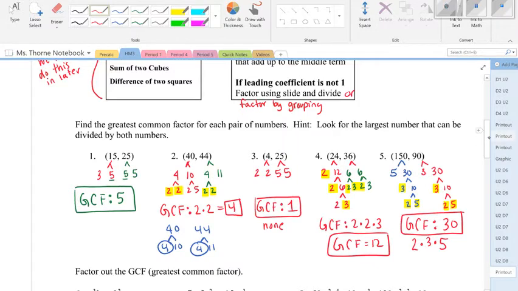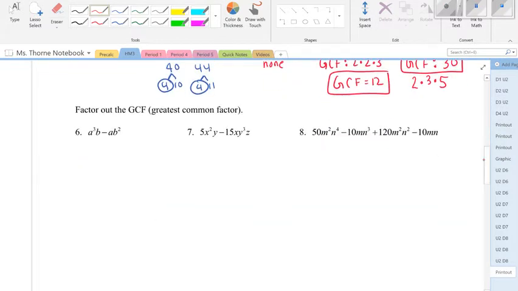So we're going to use this to help us with our factoring of our polynomials. So we're going to practice factoring out the greatest common factor. Looking at this first one, now we don't have any numbers here, but we do have variables. So if it helps you to write it all out to see what the greatest common factor is, that would be good.